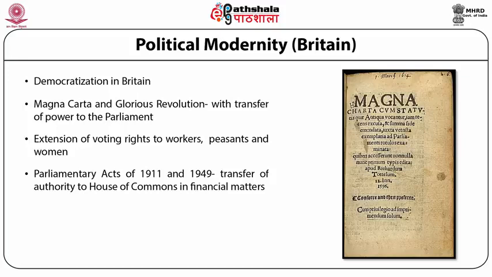As we know, House of Commons consists of members who are direct representatives of people and is therefore a more democratic body than House of Lords, which mainly represents the aristocratic class. So democratization in Britain required the transfer of power from House of Lords to the House of Commons, the body which truly represented the people.